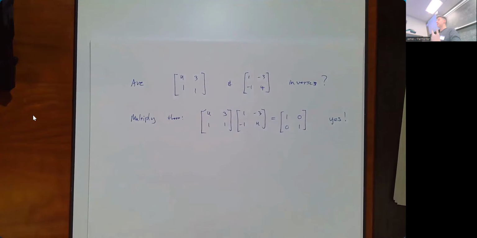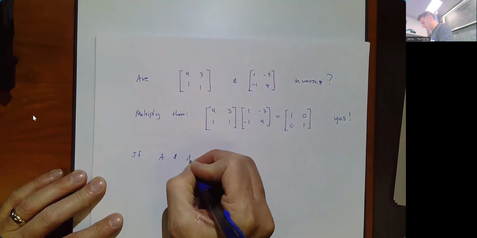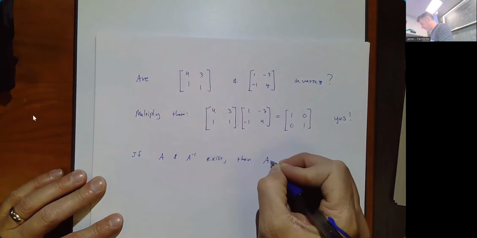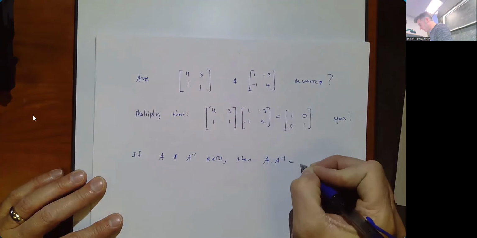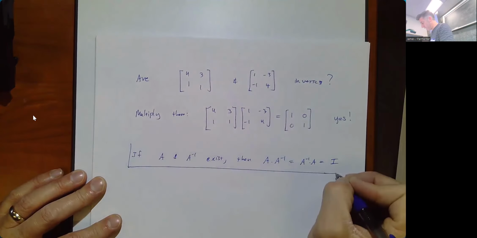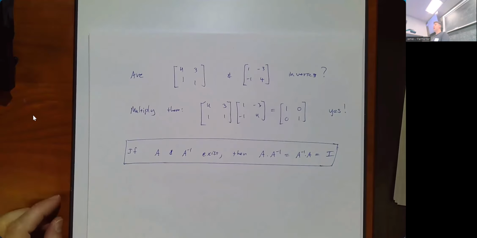And that is literally the definition of an inverse: you multiply it by the other matrix and it has to come out to be the identity. So if A and A inverse exist, then A times A inverse is equal to A inverse times A, which is equal to the identity matrix of whatever appropriate size. All of this talk about inverses and identity matrices is in the context that our matrix must be square.